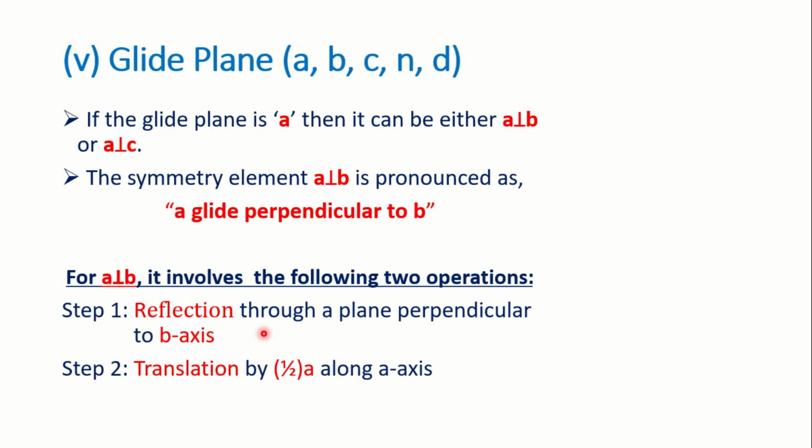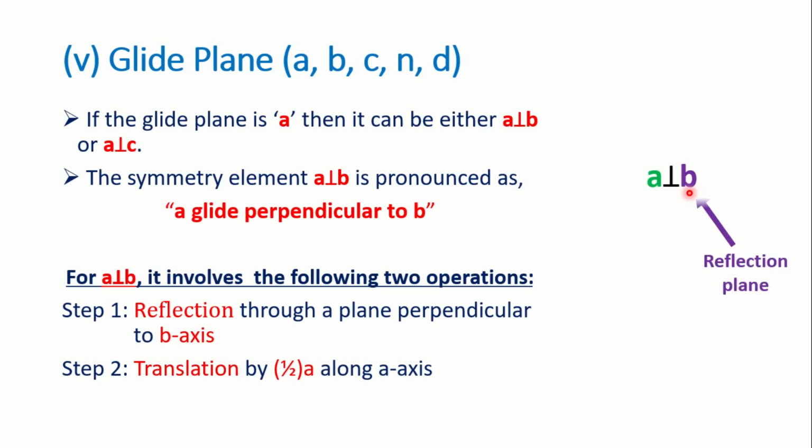If you have a look at the stereographic projections, then it will be more clear. Take for example A glide perpendicular to B. So B is the mirror plane. That means the plane is perpendicular to the B axis. So which is the B plane? B plane is that plane which is perpendicular to the B axis.